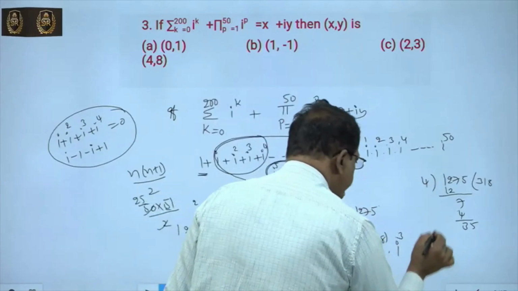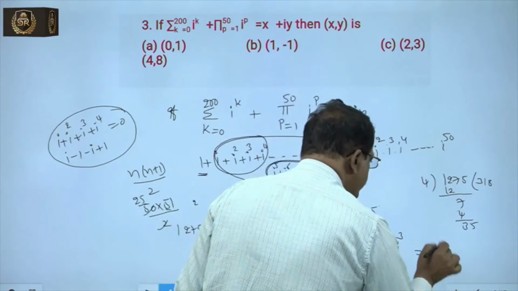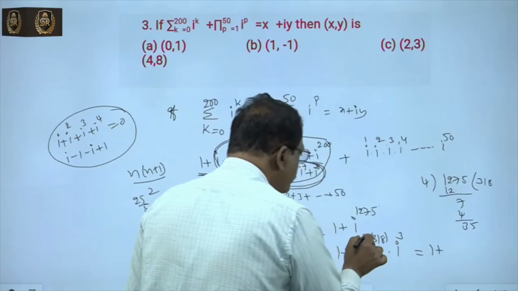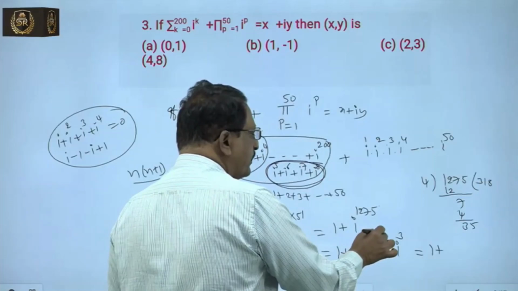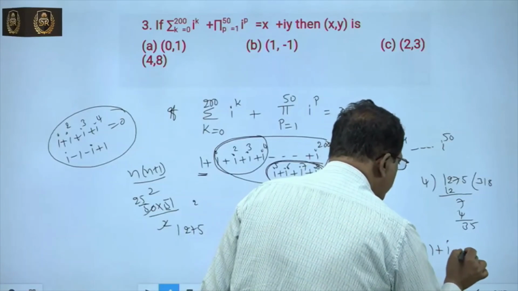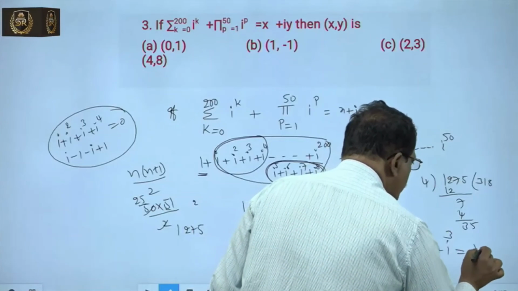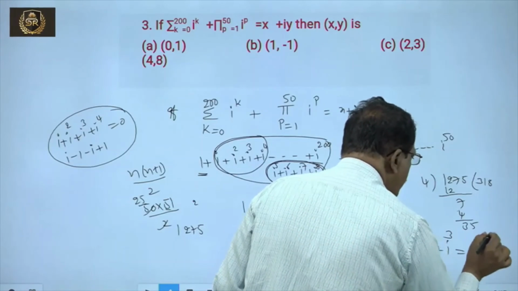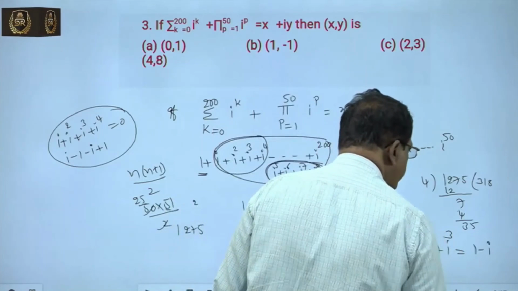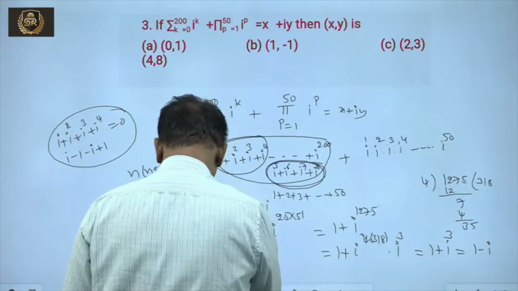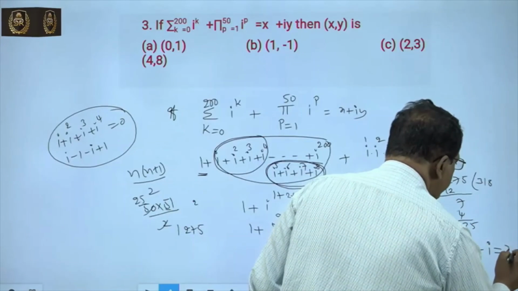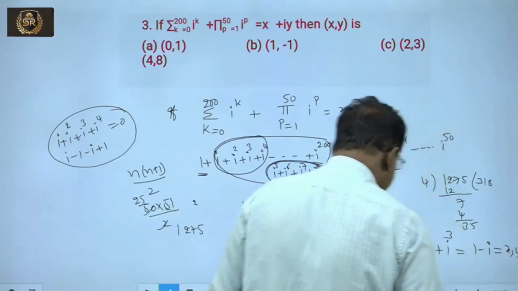That equals 1 plus i to the power of 4, and i to the power of 4 equals 1; 1 power 318 equals 1. Now only i cube remains, so 1 minus i. But it is given x plus iy.